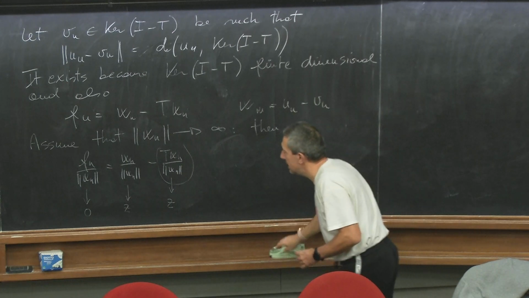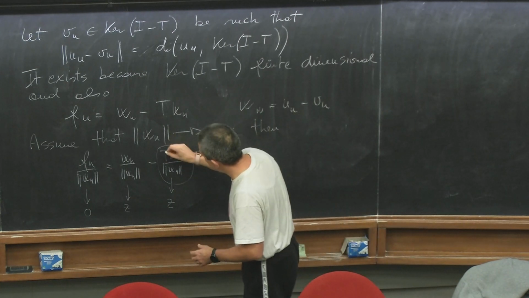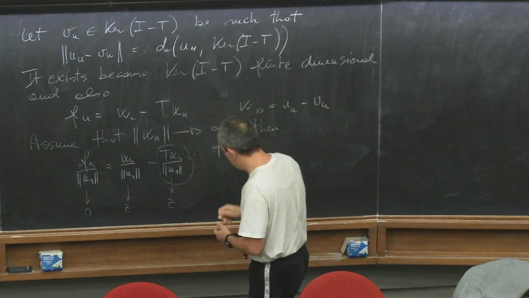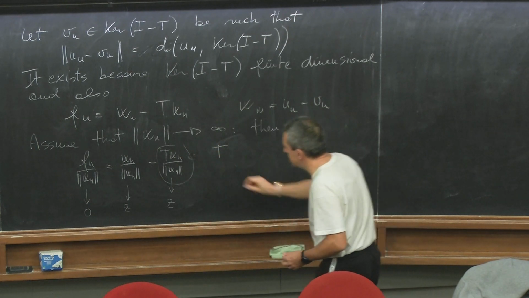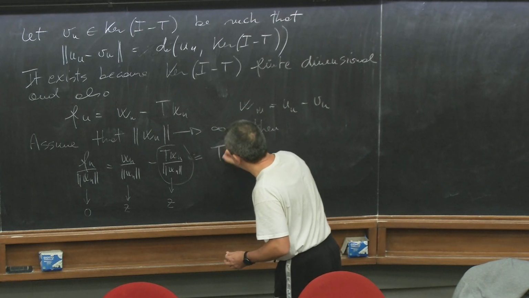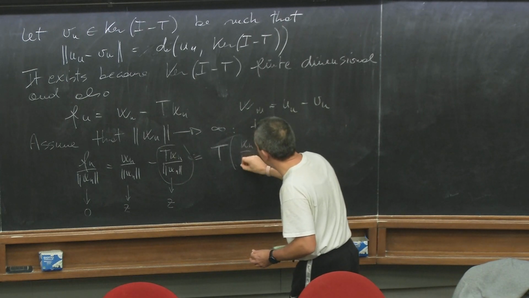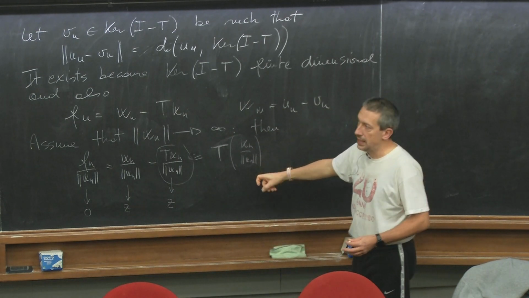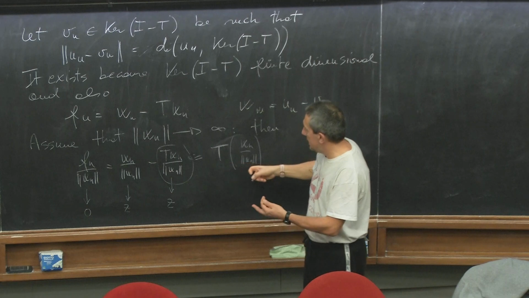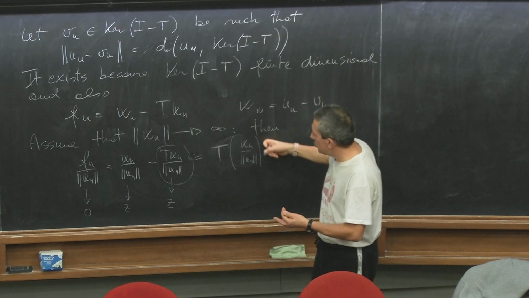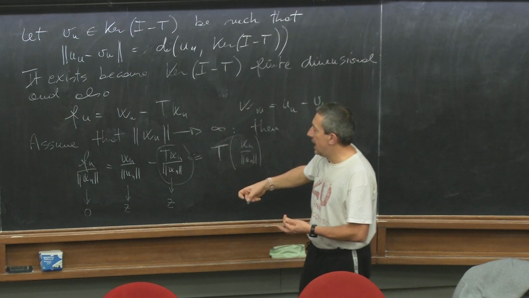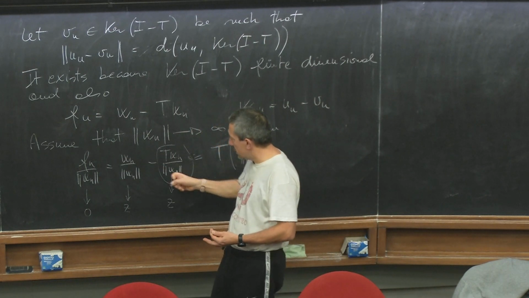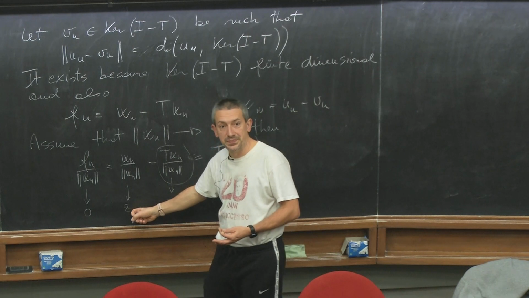So this is T applied to Wn over norm of Wn, which is a unit vector, and T being compact, I have a subsequence along which this object converges, and since this goes to 0, this object should converge too.